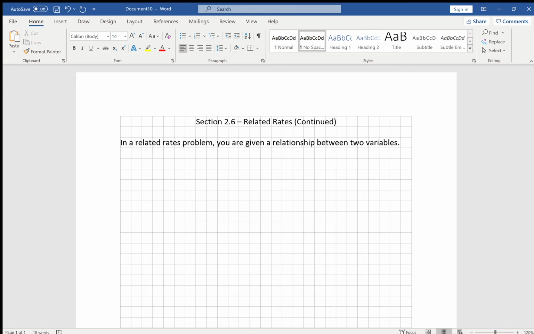You know how fast one of the variables is changing, and you are supposed to determine how fast the other variable is changing. When we're talking about the rate of change of something, we're talking about the derivative of that variable with respect to time.